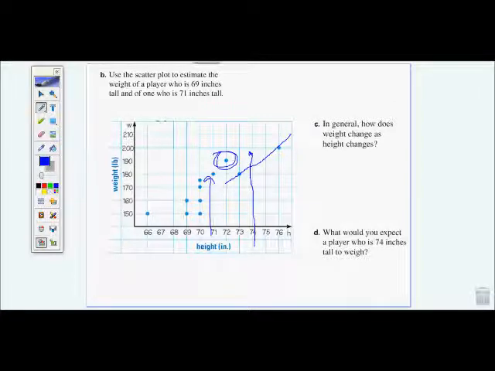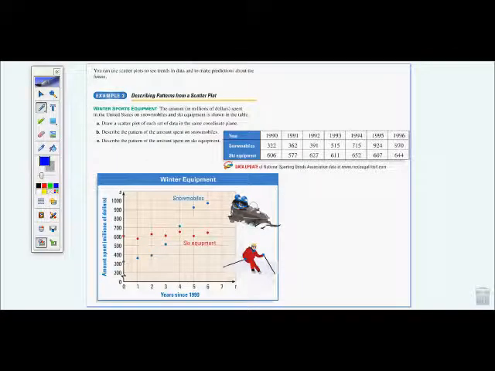So a scatter plot is used for estimations. It doesn't have a perfect increase rate or decrease rate. So in example 3, they'll talk more about describing patterns from a scatter plot. They've gone ahead and drawn a scatter plot of each set of data in the same coordinate plane.